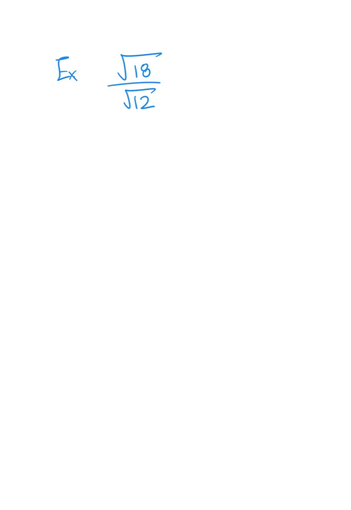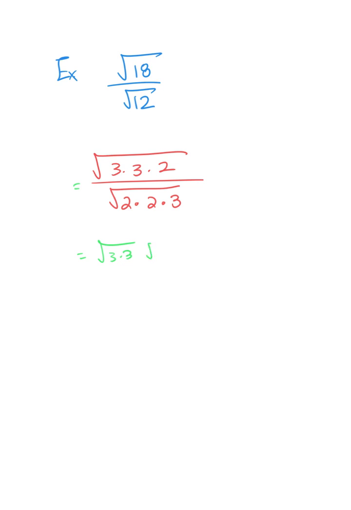When I broke it down, I got 3 times 3 times 2 for 18, and 2 times 2 times 3 for the other number. Then in the next step, I have my 3 times 3 and my 2 times 2. So I just keep going through the process. This gives me 3 square root of 2 over 2 square root of 3.